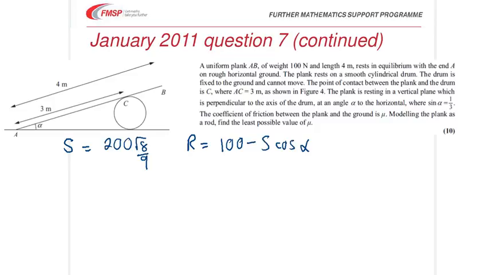So we can work that out. It comes to 100 minus 1600 over 27, which is 1100 over 27. Again, use your own calculator and check that. That's what I'm getting for R. Let's just quickly jot them in. That was your R. That was mu R.